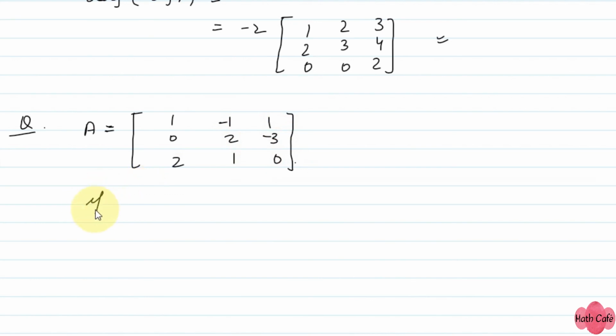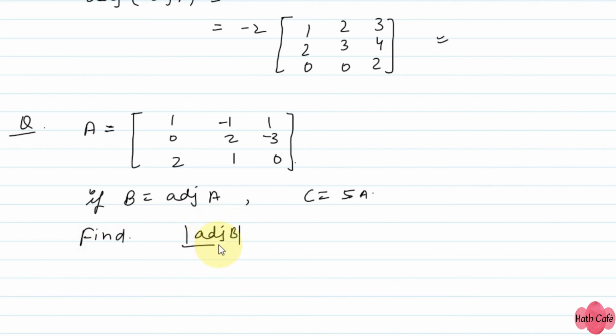If B is adjoint of A, and C is 5 times A, then we need to find the value of the expression determinant value of adjoint of B divided by determinant value of C.